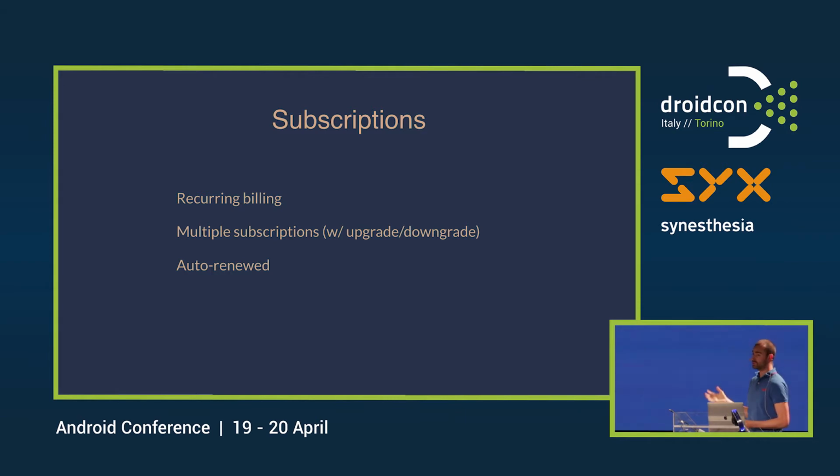It's a feature that needs to be provided by the developer. It's available from the in-app billing system, and it's very convenient. That works as well for downgrading subscriptions. If you feel like this is too much for you, you can definitely switch to a much lower priced one. And the other thing is that subscriptions are auto-renewed.